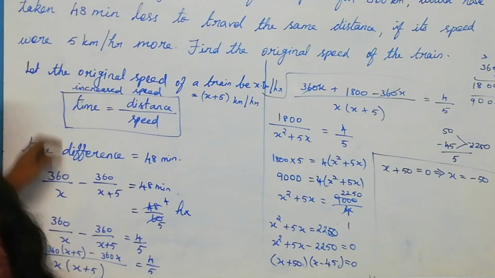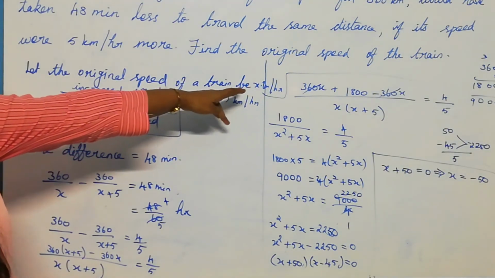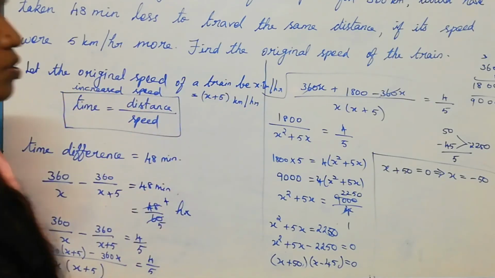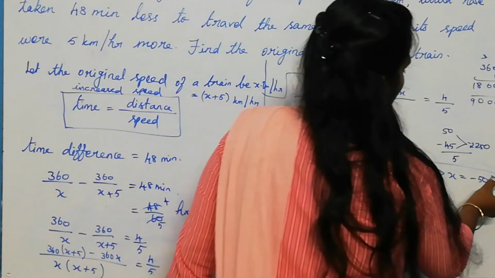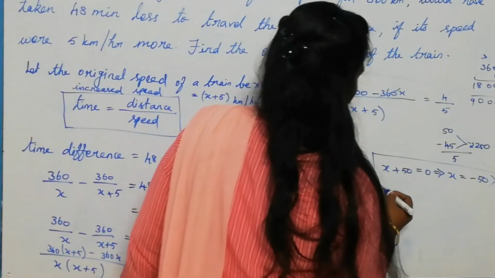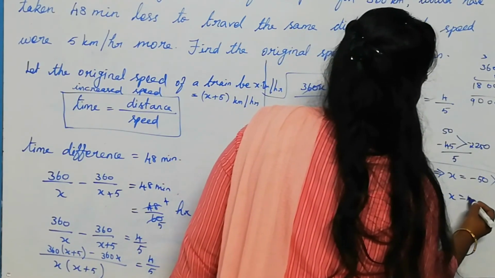Here let the original speed of a train be x. Therefore x is speed. Okay, speed cannot be negative. So we neglect this one. Next one, x minus 45 is equal to 0. That implies x equal to 45.